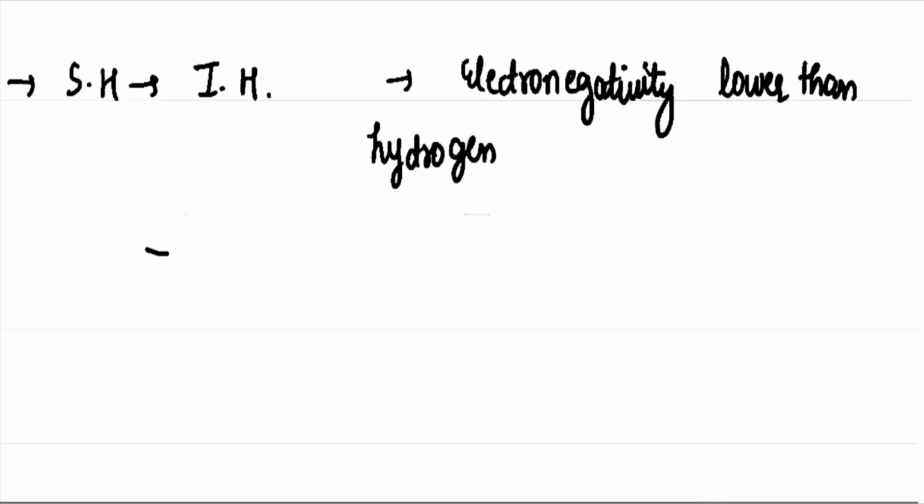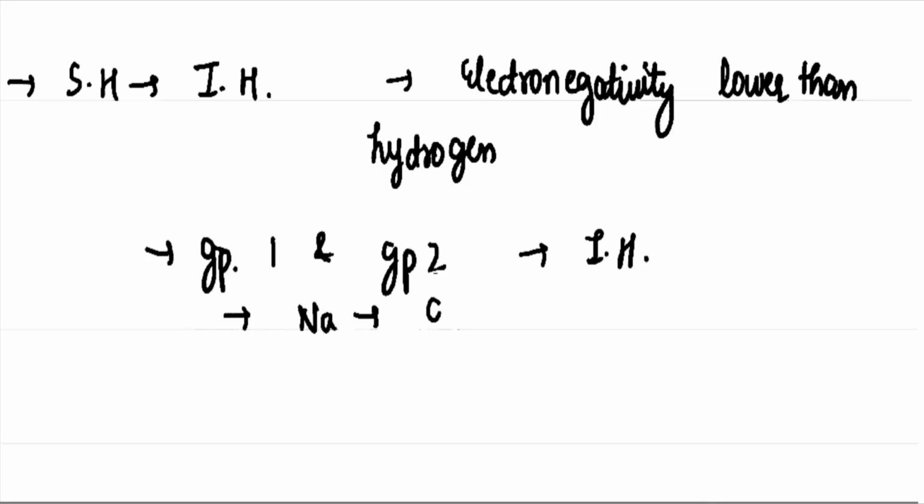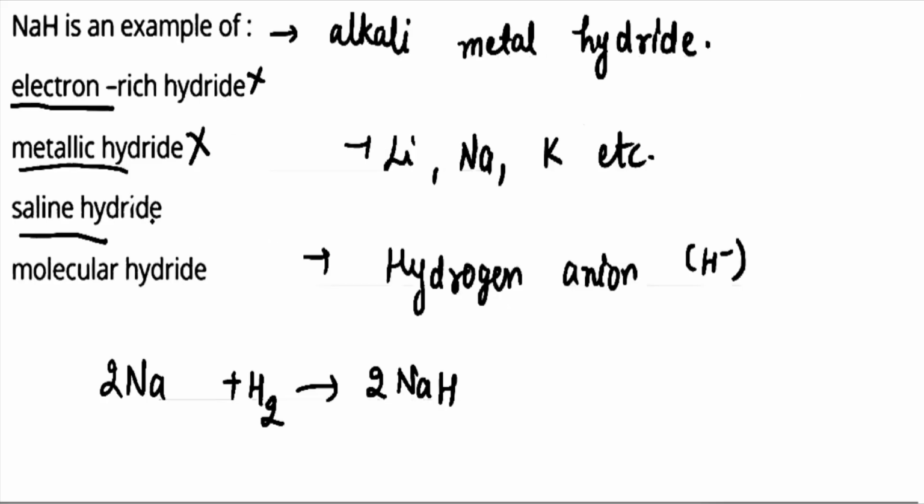All elements of group 1 and group 2, when heated, form ionic hydrides. We know that sodium belongs to group 1 and its electronegativity is lower than hydrogen. So from here we can say that sodium hydride is a saline hydride, so option 3 is the correct answer. Sodium hydride is an example of saline hydride.